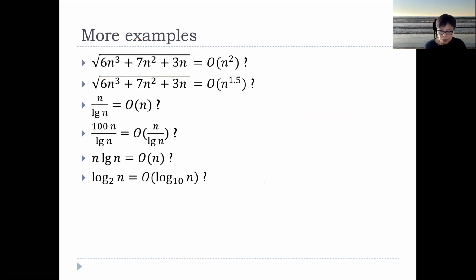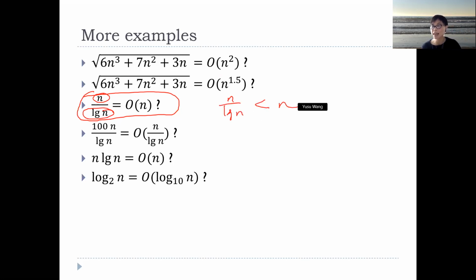Okay, let's look at this one. What do you think? On the left-hand side, we have n divided by a function which is an increasing function of n. So clearly n over log n is strictly smaller than n.